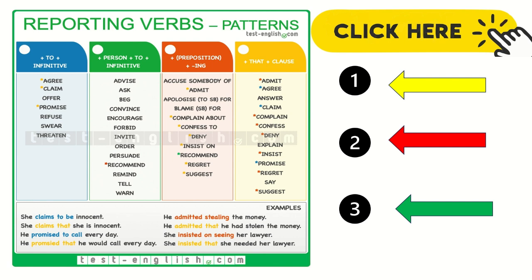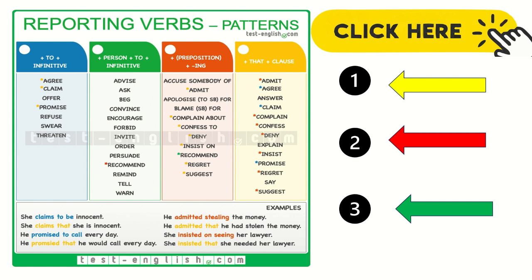said about something. So here you can practice. If you press these links, you can practice using these verb patterns, but you have to know that these verbs are followed by to plus an infinitive, like she claims to be innocent.